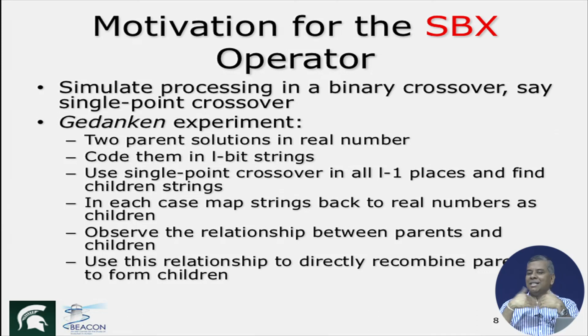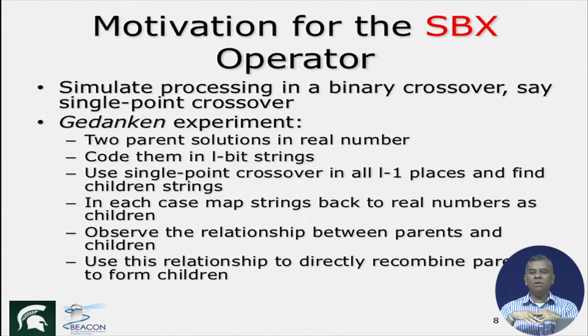So this was what existed before we came up with SBX in 95. By early 90s, binary coded GAs were very successful. They were used to solve most real parameter problems, so we assumed binary coded GAs were very good. The crossover operator used there was single point or two point. So we said, first let's take single point.